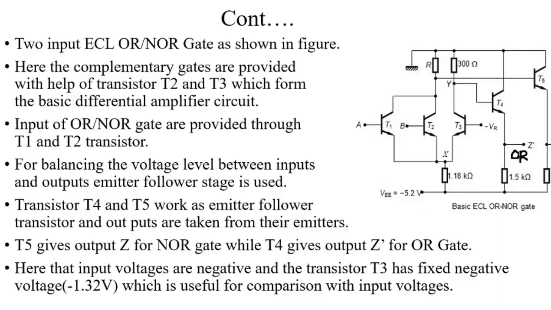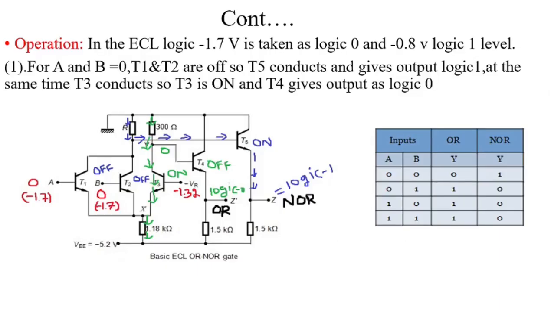Okay, and now we are discussing the operation of the two input ECL OR NOR gate. In ECL logic, minus 1.7 volts is taken as logic 0 and minus 0.8 volts is considered logic 1 level.